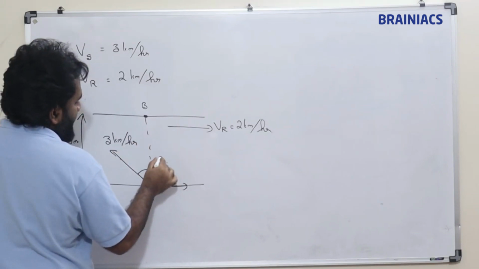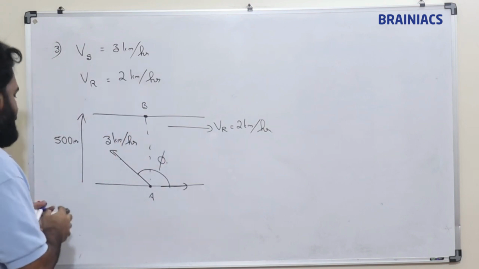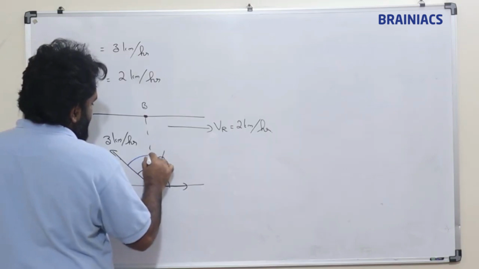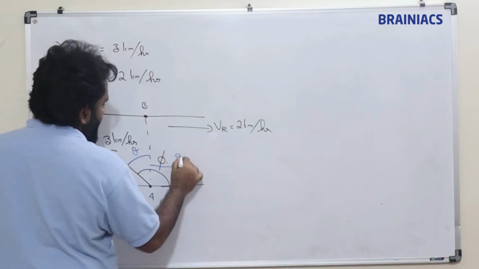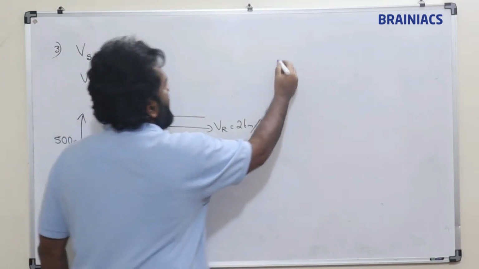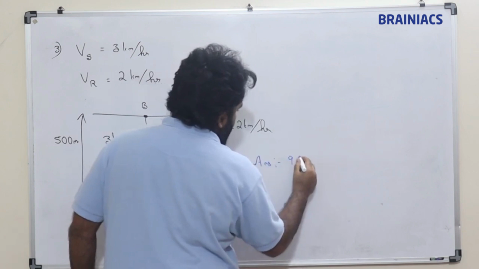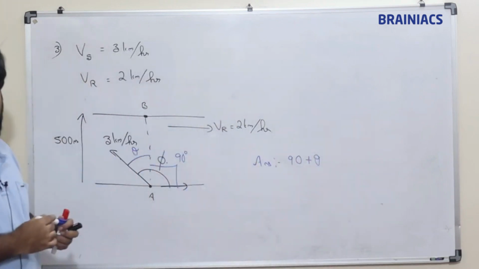For the time being I am putting it as phi. I am naming this angle theta, and this angle is going to be 90 degrees. So obviously the answer is going to be 90 plus theta, whatever angle we find.